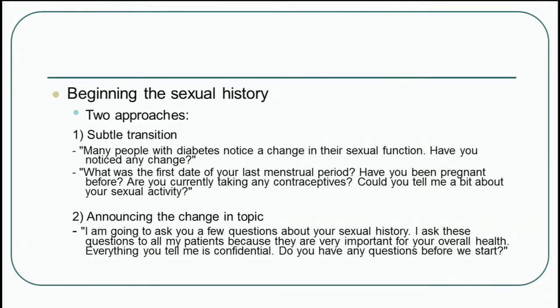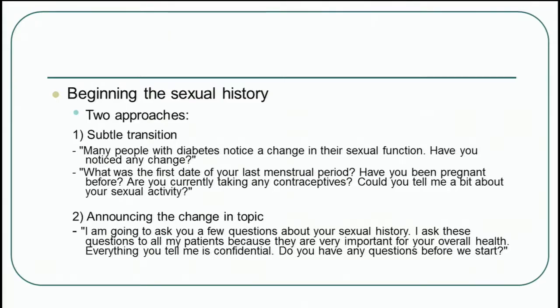Another example would be, quote, "What was the first date of your last menstrual period? Have you been pregnant before? Are you currently taking any contraceptives? Could you tell me a bit about your sexual health?" So once again, you see that there's a flow to the conversation.